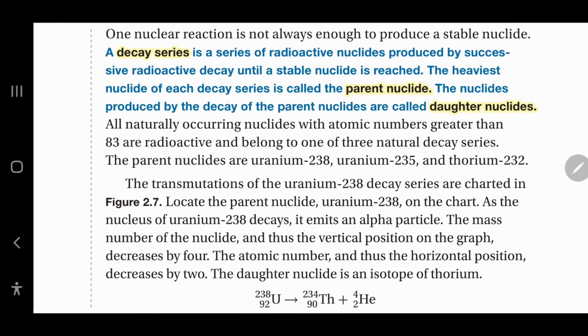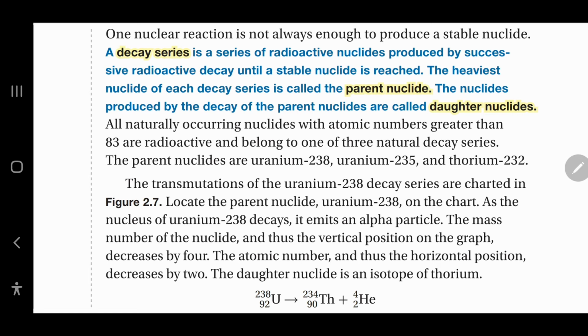We are talking here about elements after lead, because the atomic number for lead is 82. After that, we can consider them radioactive elements belonging to one of three natural decay series. The nuclides are uranium 238, uranium 235, and thorium 232.